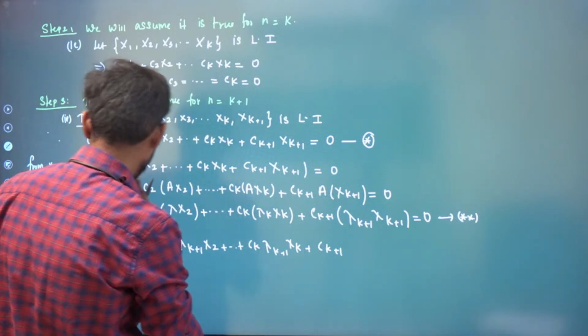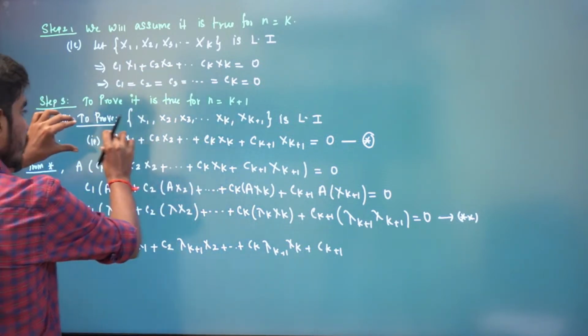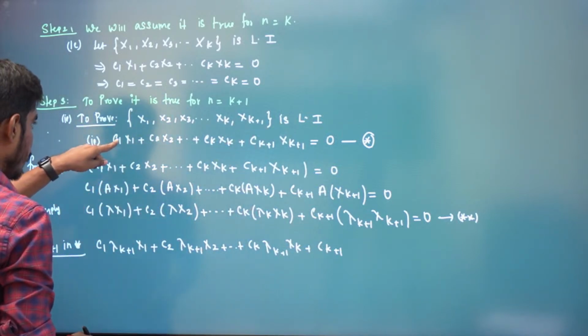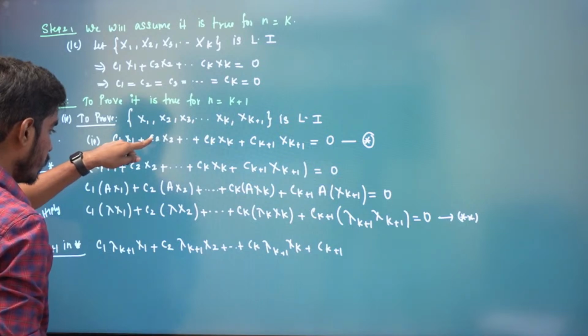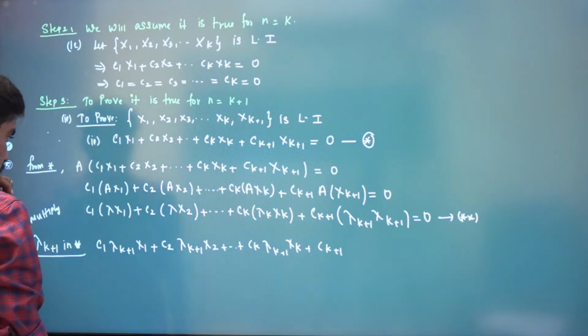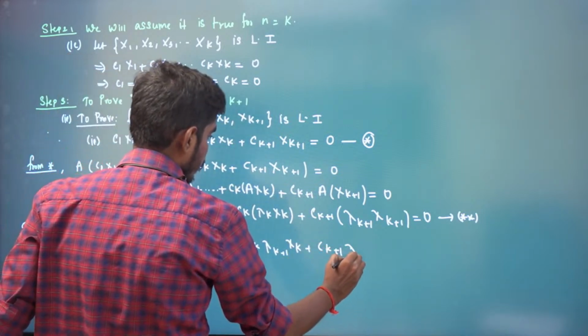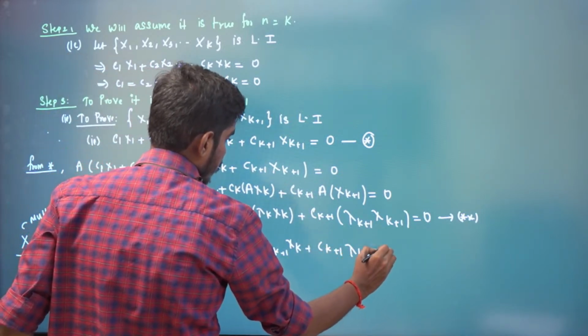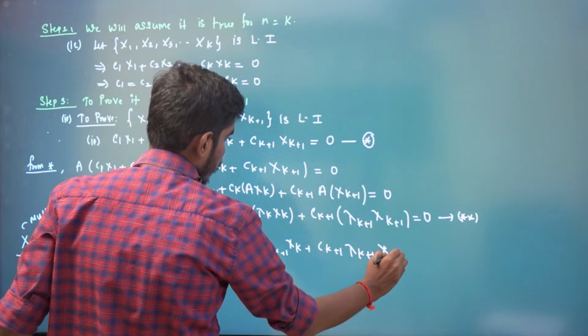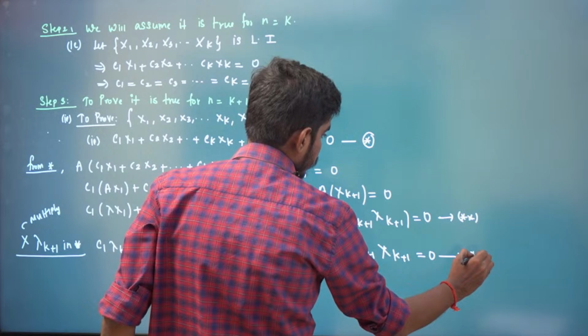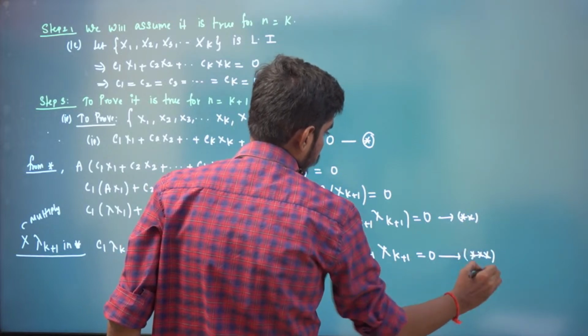So from star I'm multiplying lambda k plus 1 throughout. So c1 lambda k plus 1 x1, c2 lambda k plus 1 x2, and so on, and then ck plus 1 lambda k plus 1 xk plus 1 equal to 0. Call this triple star, right?